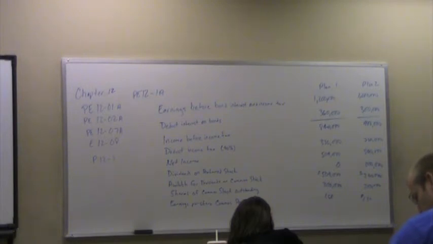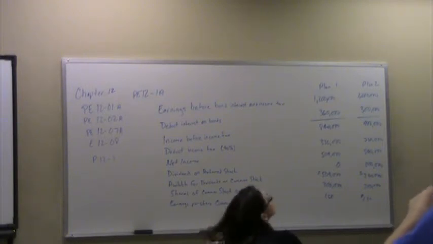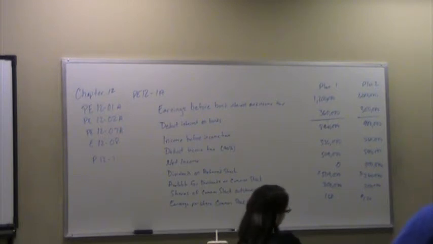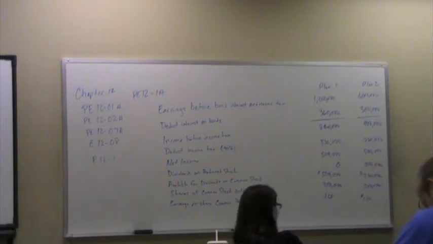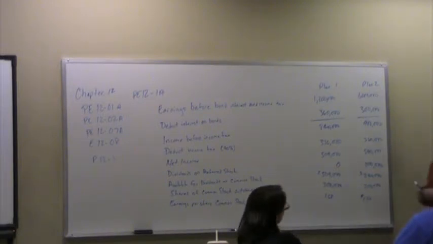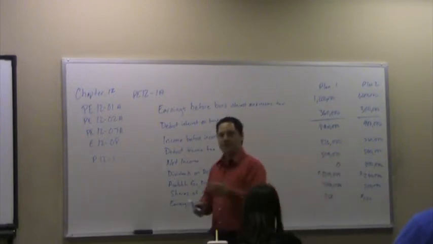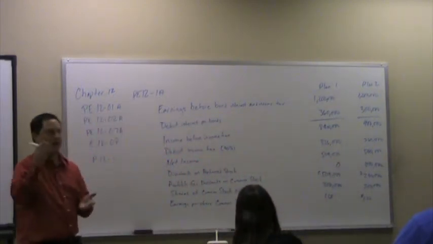So a good example of this one is on page 547. So if you want to take a look at that page. That's in the middle of the page, issuing bonds at a discount. Now what happens here is, when we take a look at bonds, sometimes we issue them at discounts or premiums, depending on what the market rate does.